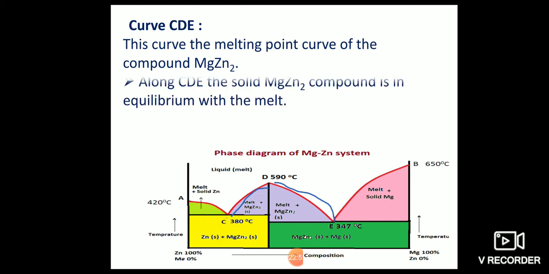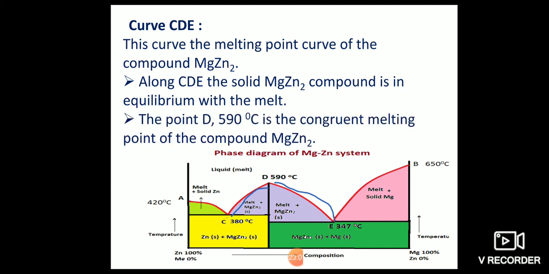We shall discuss: along CDE, the solid MgZn2 compound is in equilibrium with the melt. The point D, 590 degrees Celsius, is the congruent melting point of the compound MgZn2.